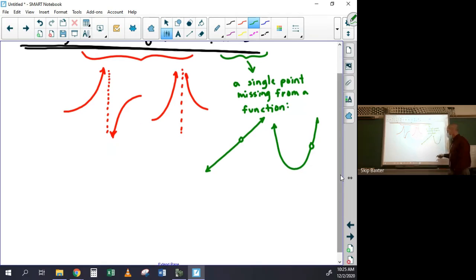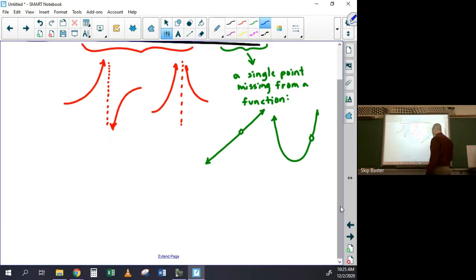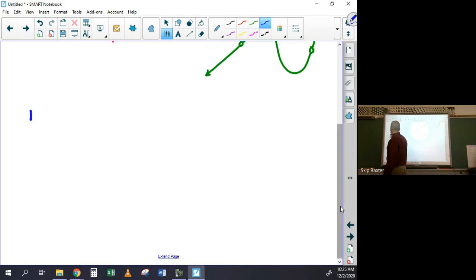So there's an important fact that states that at any x value at which a rational function is undefined, there's either a vertical asymptote or a hole.